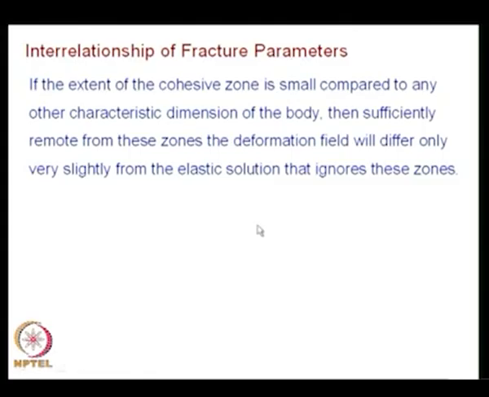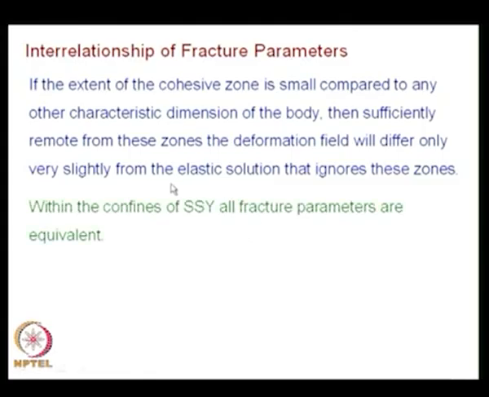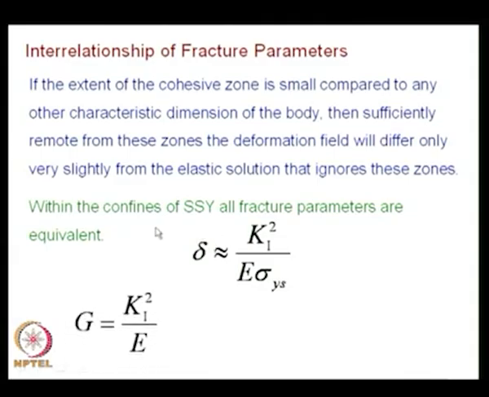So, what you will have to look at is within the confines of small scale yielding, whatever the fracture parameters that we have looked at earlier, like stress intensity factor K is related to the CTOD, that is delta, and we have also seen elaborately an interrelationship between energy release rate and stress intensity factor.